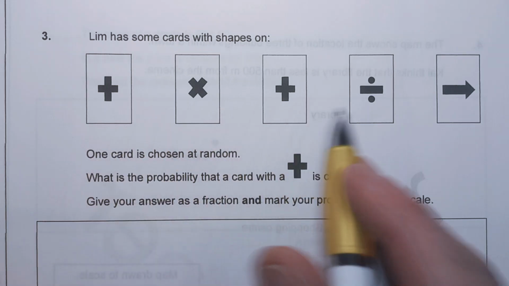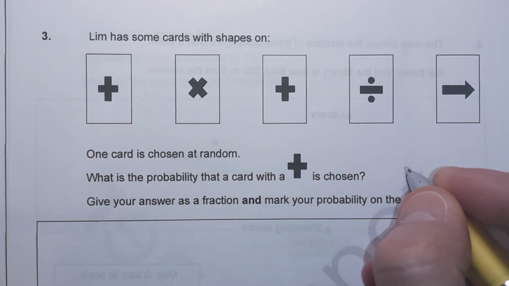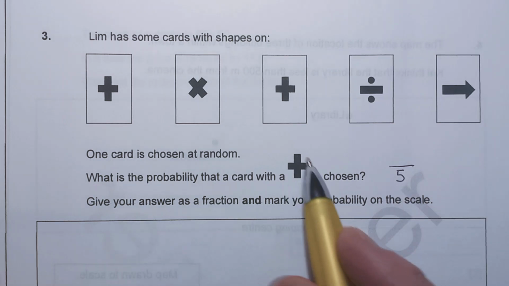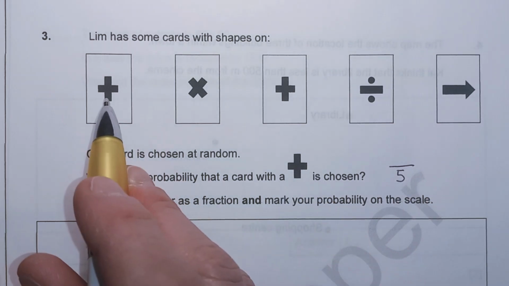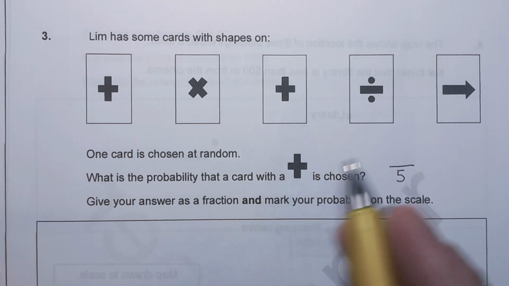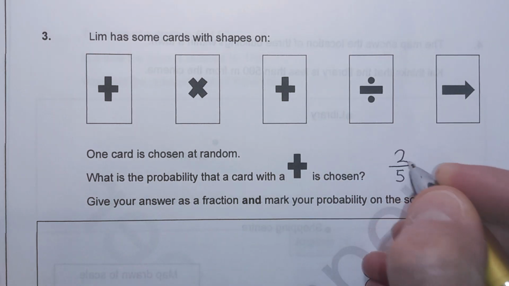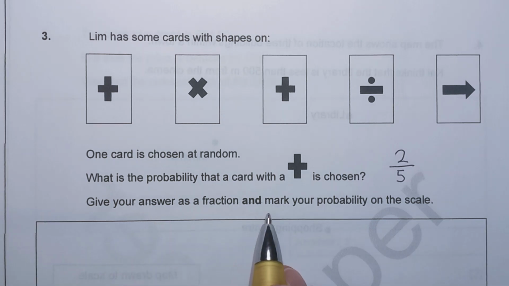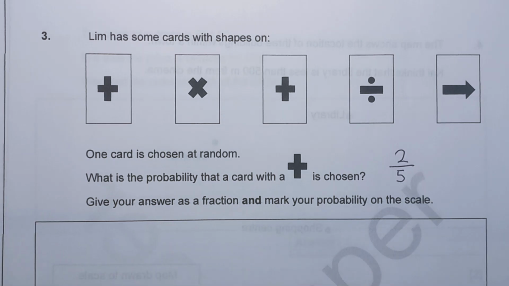Well, we've got 1, 2, 3, 4, 5 cards. So we're going to do it out of 5. How many of them have got this shape? We've got 1, 2. So the probability is 2 out of 5, or 2/5. They've asked us to give the answer as a fraction, which we've done, and mark your probability on the scale.